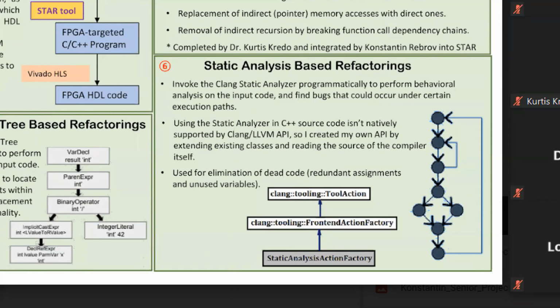So the static analyzer basically constructs a control flow graph like that, and then it walks along the different possible execution paths in that graph to identify bugs and problems. That is done internally by the static analyzer.